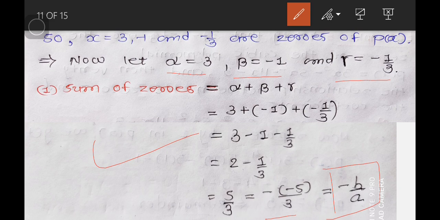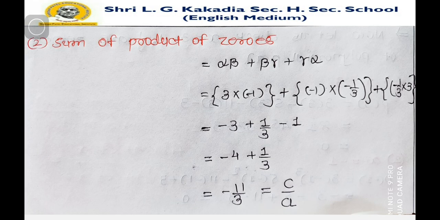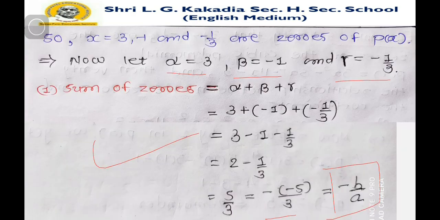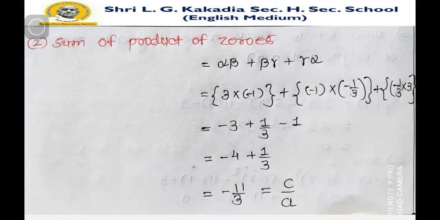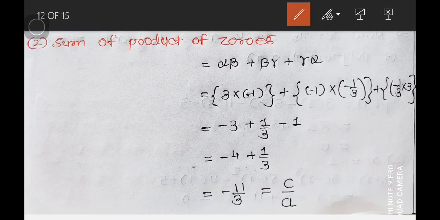Now the second relationship, the sum of products of zeros, that is alpha beta plus beta gamma plus gamma alpha, which is equal to 3 into minus 1 plus minus 1 into minus 1 over 3 plus minus 1 over 3 into 3.